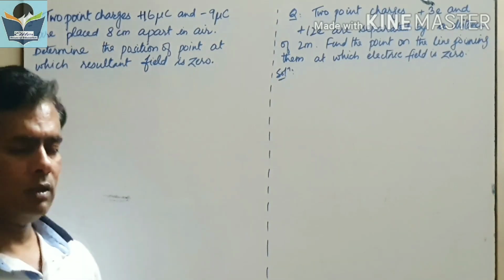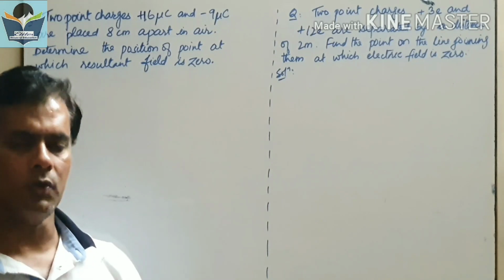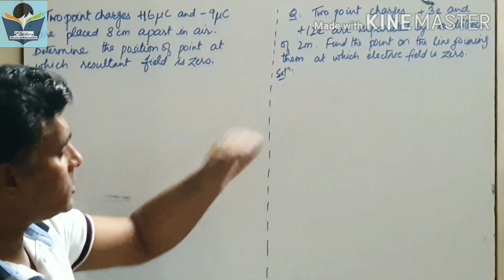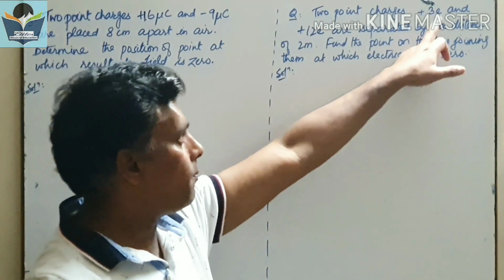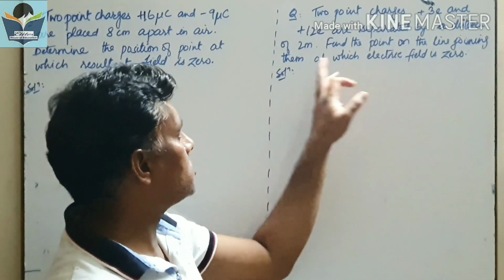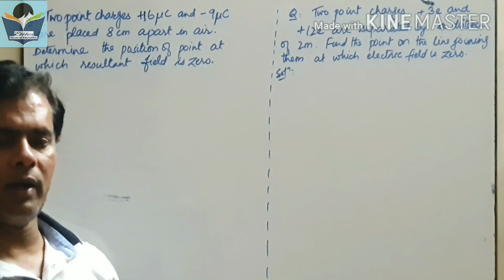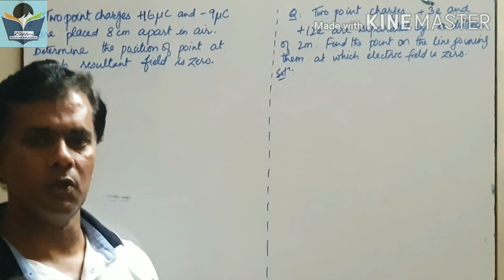What we have to find out is the point at which the net field is 0. On the other side, I have taken the charges plus 3e and plus 12e separated by a distance of 2 meter, and again we have to find the point at which the field is 0.